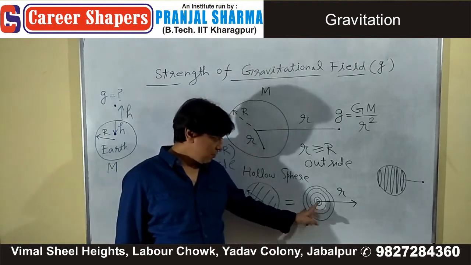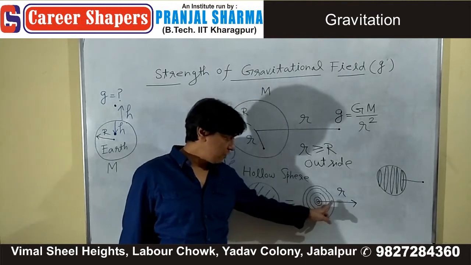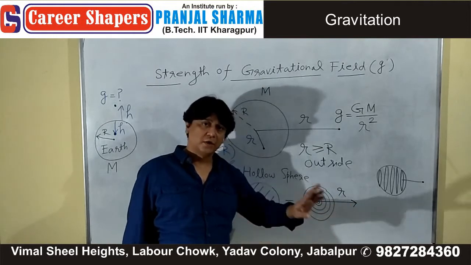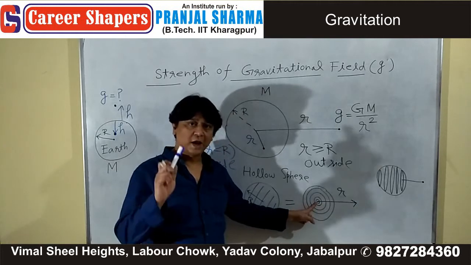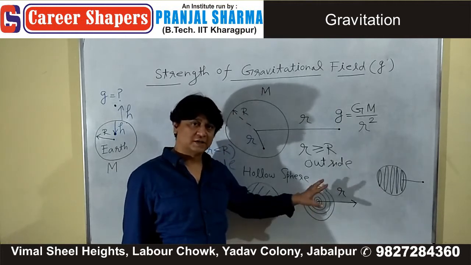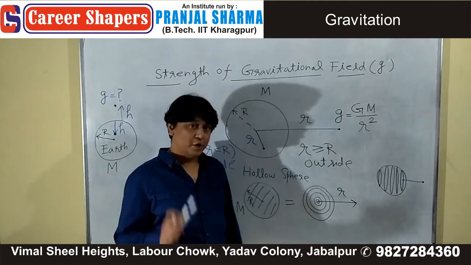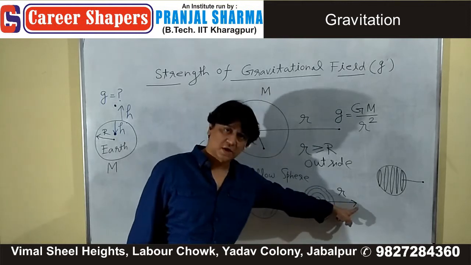Now, for the first hollow sphere, when you go for this point, you can see it is outside. And therefore, for the first hollow sphere, you can have all its mass at the center. When you go for the second hollow sphere, you can see that this point is again outside.